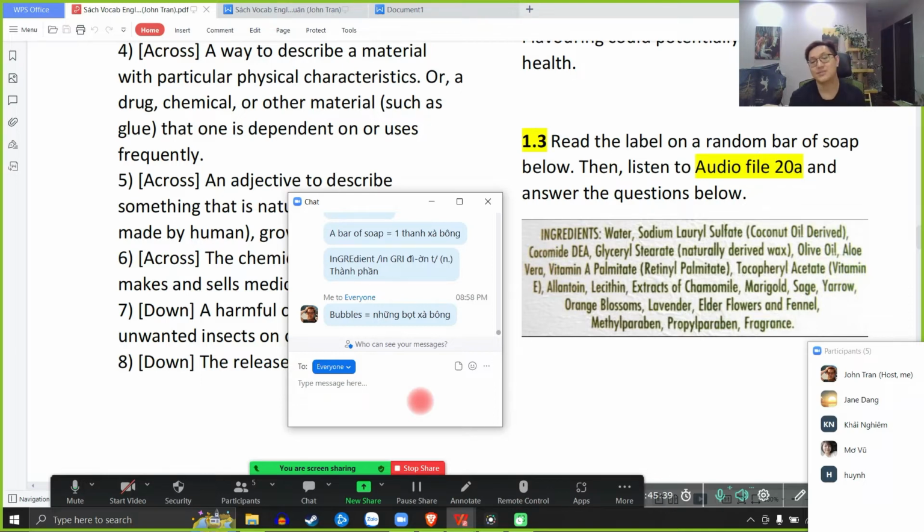But the problem is, sodium lauryl sulfate can cause cancer. Nó có thể gây ung thư đấy. It can cause cancer. However, they say here it's coconut oil derived. Có nguồn gốc từ dầu dừa nè, coconut oil derived. To derive from cái gì đó, it means to originate from, có nguồn gốc từ.